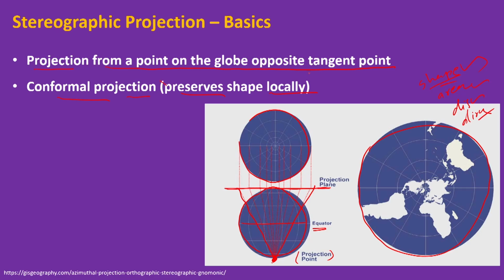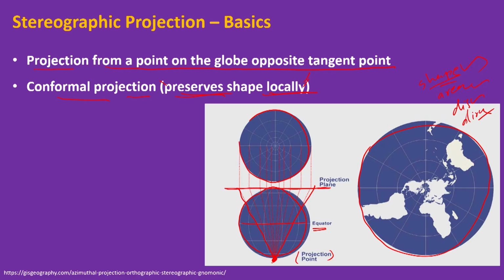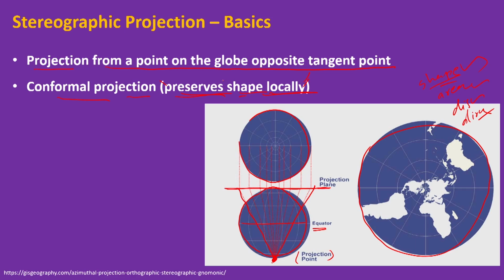And when I say conformal projection, it preserves the shapes locally. When you apply this globally, probably you may face some error. When it is applied for local area projection, probably you may have a better result. So, it preserves only the shapes. Let me highlight here, it preserves the shapes. So, this is the overall idea about the stereographic projection.